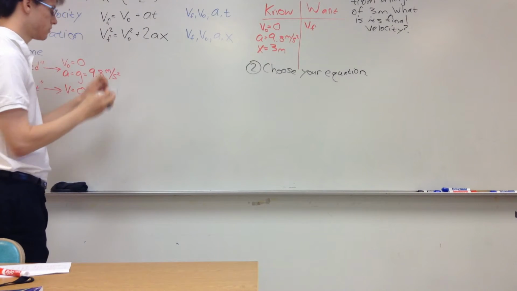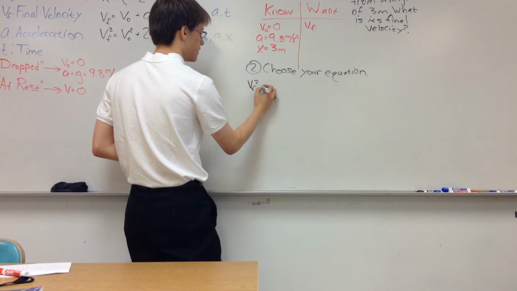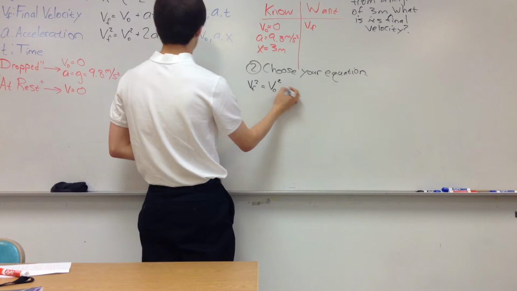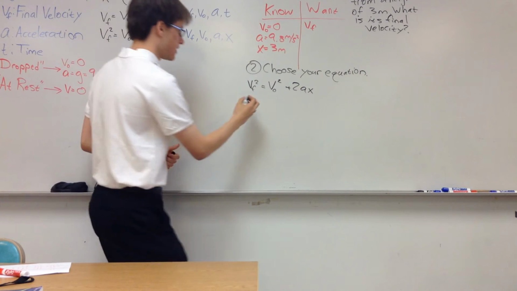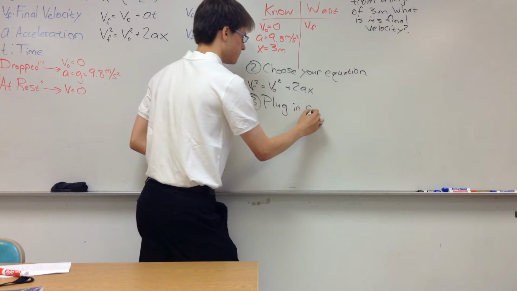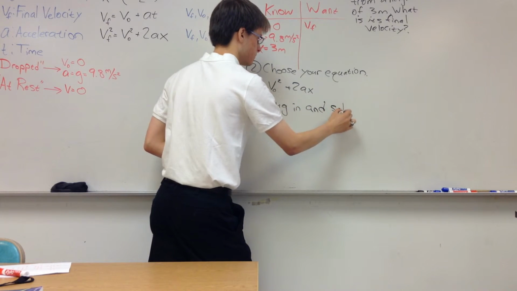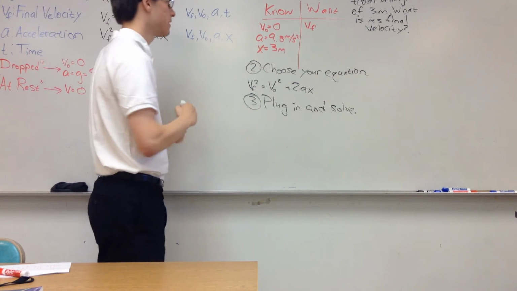So we're going to choose vf squared is equal to v naught squared plus 2 times a times x. And then our final step, 3, is plug in and solve. So, if we're going to plug in and solve into here, we're looking for final velocity.